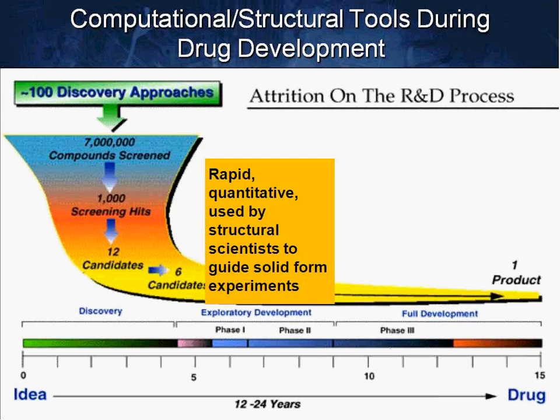As we emerge through that funnel and phase 1 and phase 2 exploratory development, we actually want to start thinking a little bit more about the tools that solid form selection scientists are going to use to guide the experiments and drive them in the right direction. So we're actually using the tools now to inform and guide experimentation.